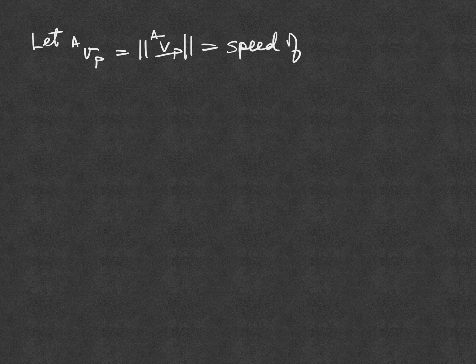So let script V of P in A equal the magnitude of the velocity in A. This is what's called the speed of P relative to reference frame A.